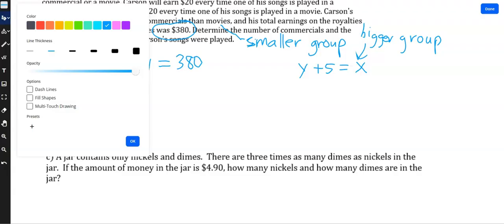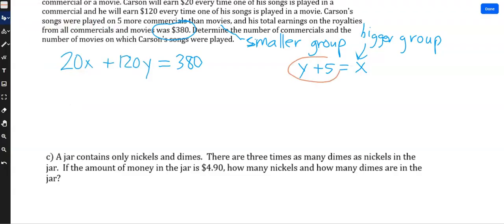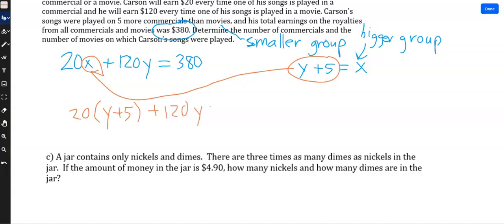Well, now we got a substitution question, right? You're going to take this y plus 5. You're going to come over here and replace that. So 20 times y plus 5 plus 120y equals 380. Okay. 20y plus 100 plus 120y equals 380.